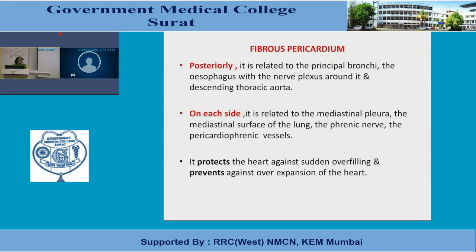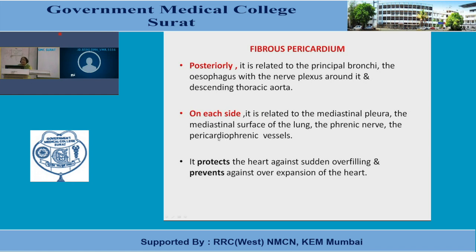In the abdominal contents it is called the peritoneum. So part of the pleura is called the mediastinal pleura. So on each side it is related to the mediastinal pleura, the mediastinal surface of the lung, the phrenic nerve and the pericardiophrenic vessels.